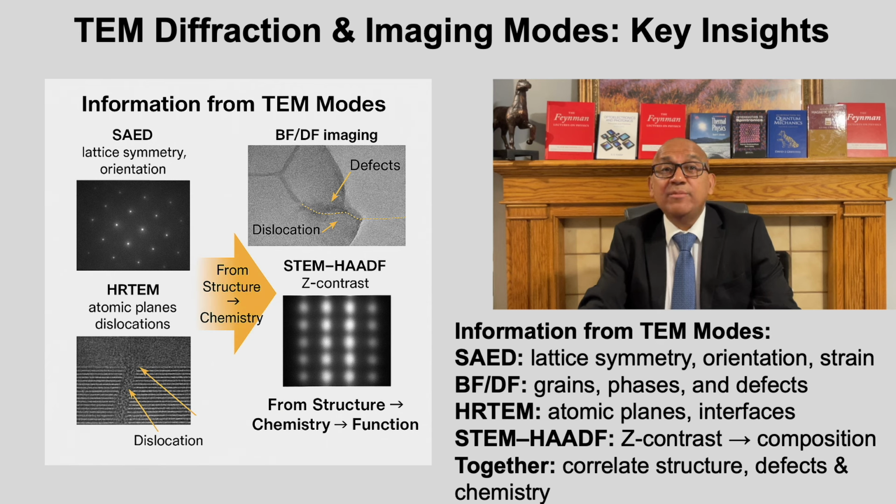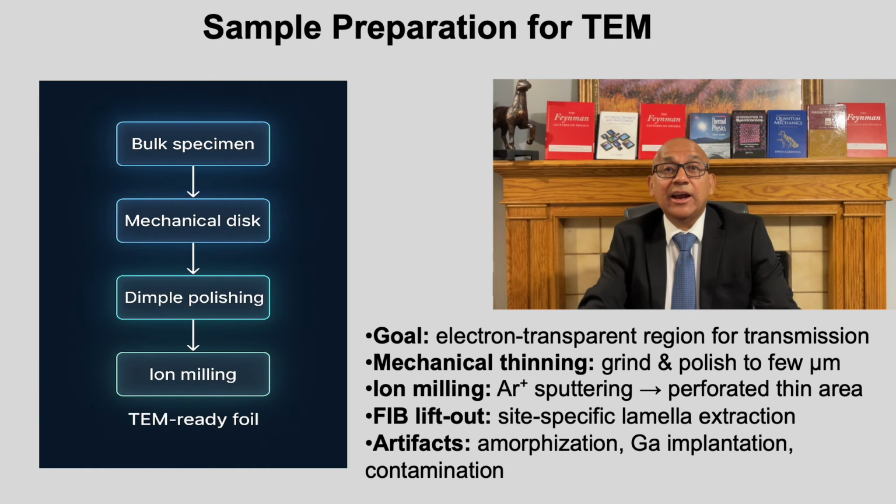This provides elemental and structural mapping at the atomic level, often complemented by EDX or EELS signals for full compositional analysis. Together, these complementary modes bridge the gap between structure, defects, and chemistry, allowing a comprehensive understanding of nanomaterials across scales.